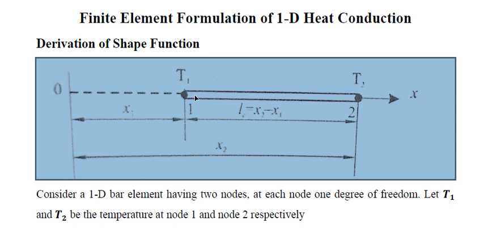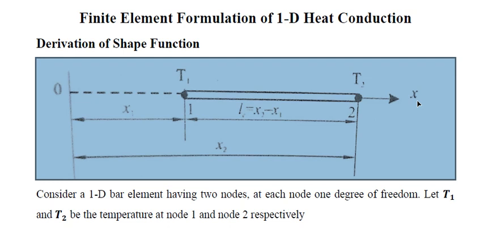This element is taken in global coordinates. Node 1 is at a distance of x1 from the coordinate axis. Node 2 is at a distance of x2 from the coordinate axis. The length of the element is x2 minus x1. We have taken only the x direction, which means we are doing 1D analysis.